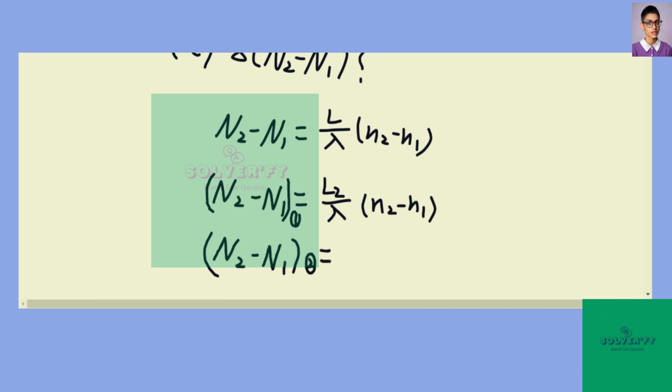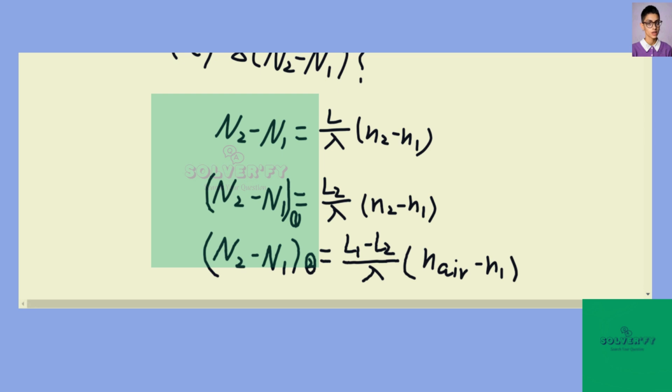Can be given as L1 minus L2 over lambda times the index of refraction of the air, which is n air, minus n1, okay? So n air is the refractive index of air.